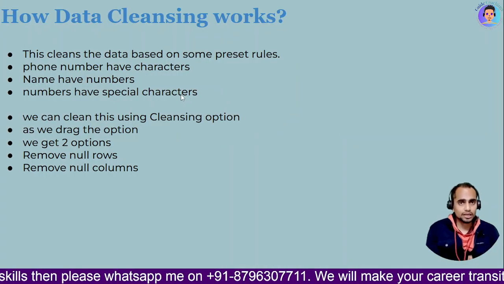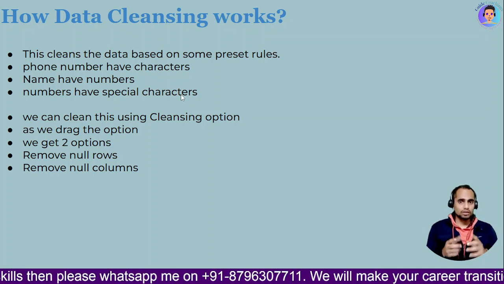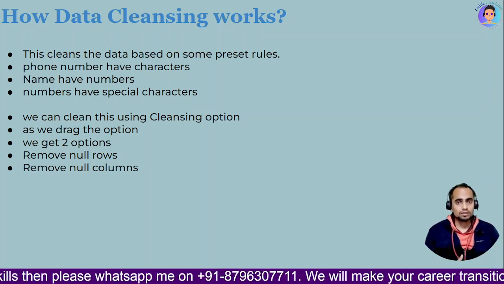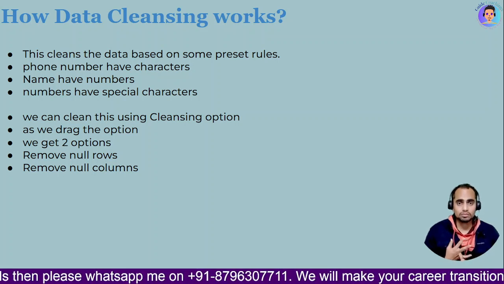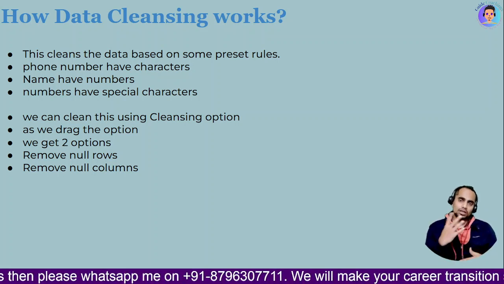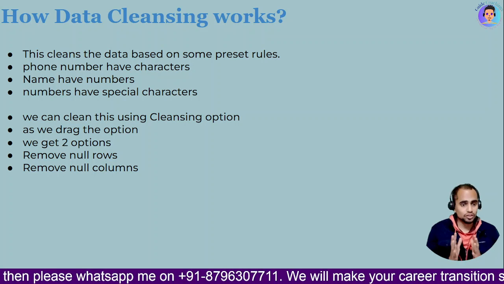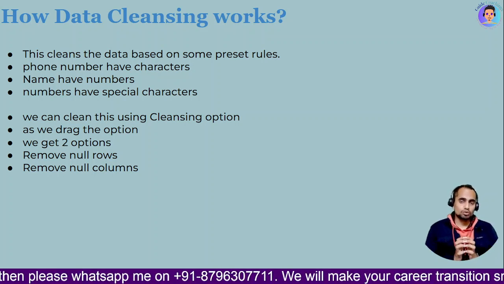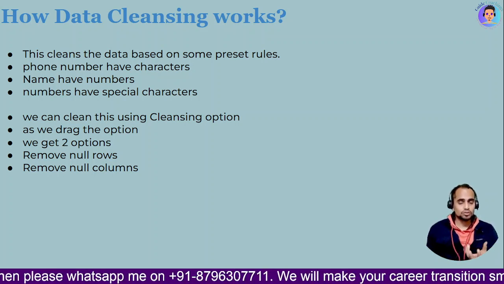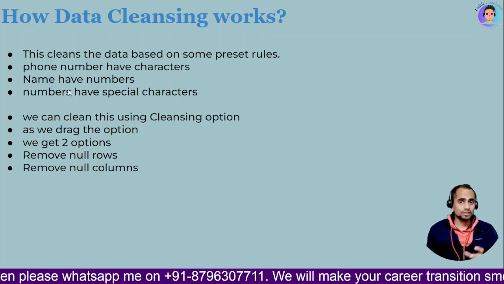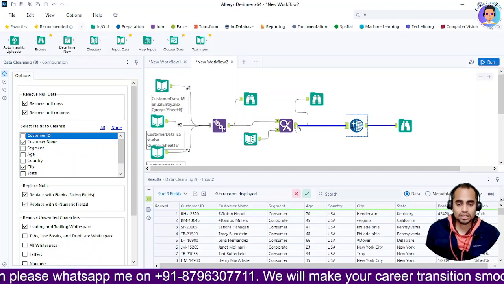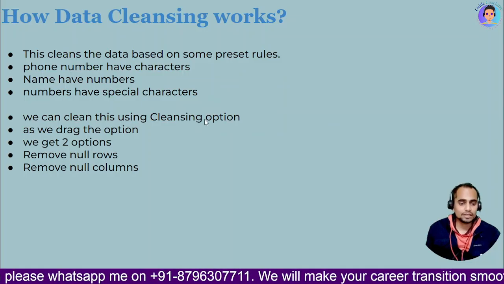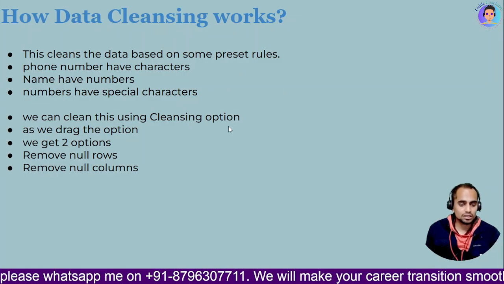Sometimes data cleansing is needed when you have a phone number with special characters, a name with special characters, or a name with numbers, numbers with names. In this type of situation, we will use the data cleansing option, and the data cleansing tool is very useful in these situations. We have seen the practical example of how we can use it and how we can clean our data.